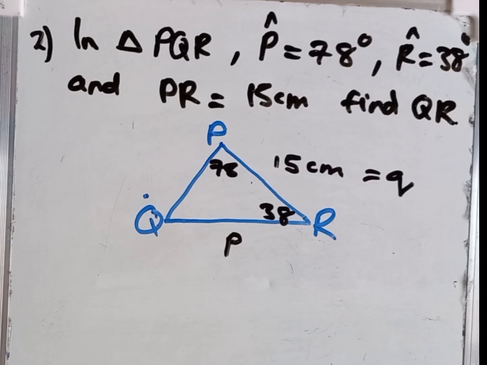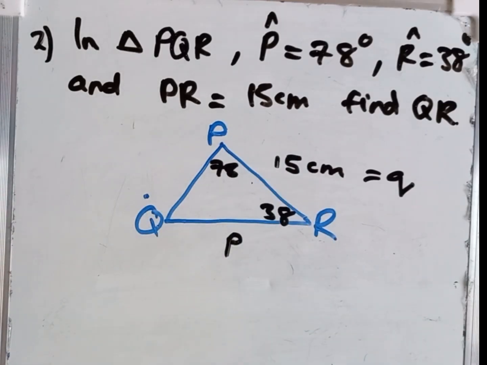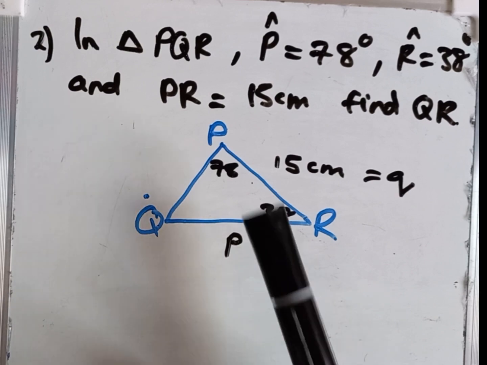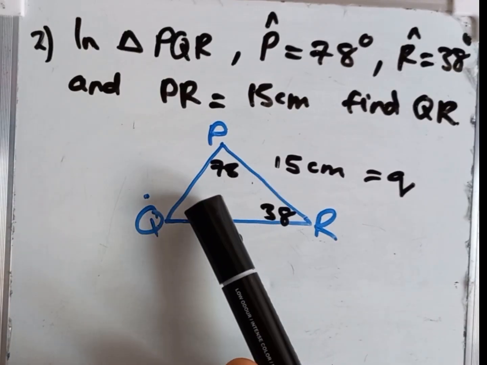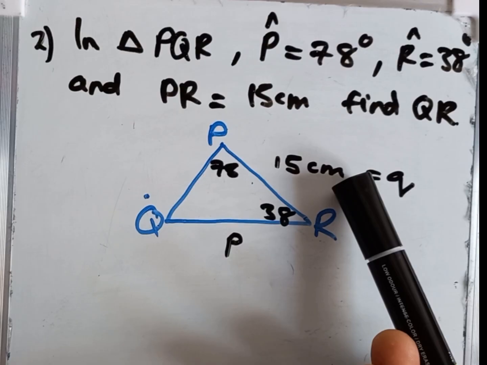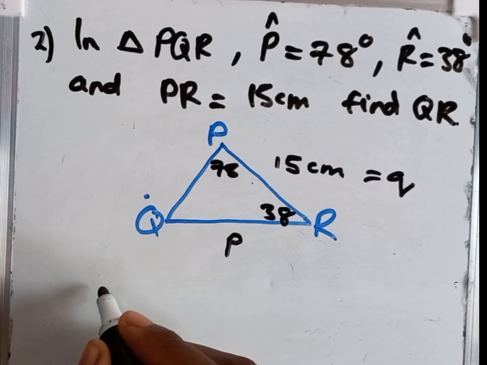Because using the principle of a triangle, the angles in a triangle add up to 180 degrees. Already we are given two angles, so we can find the value of Q. Once we find the value of Q and we have the side q, then we have one complete side. So what we are going to do first is find the value of Q.